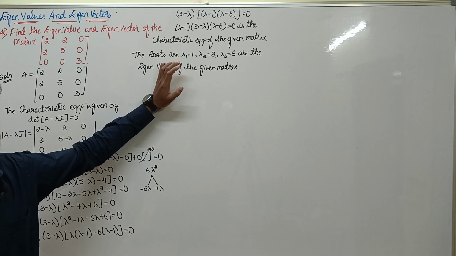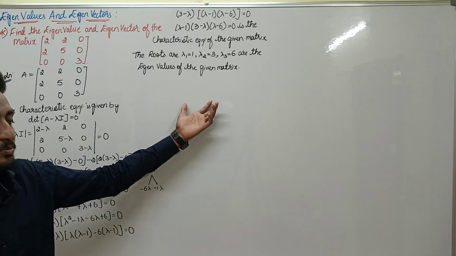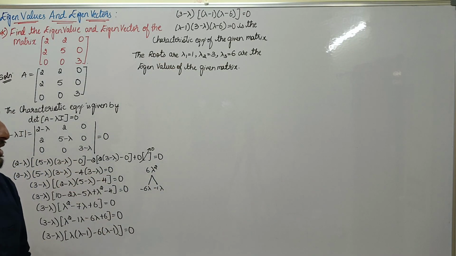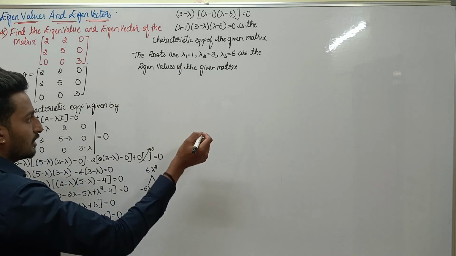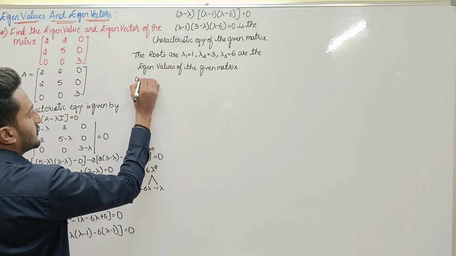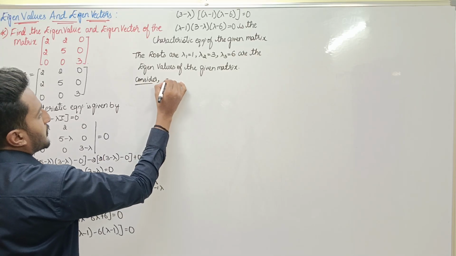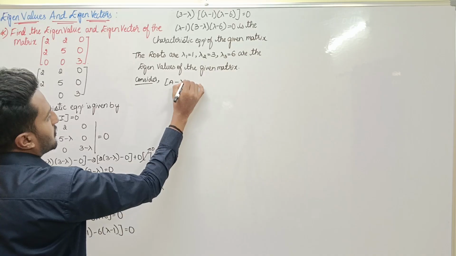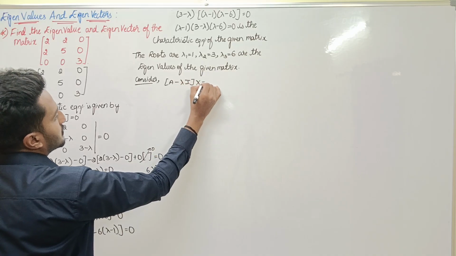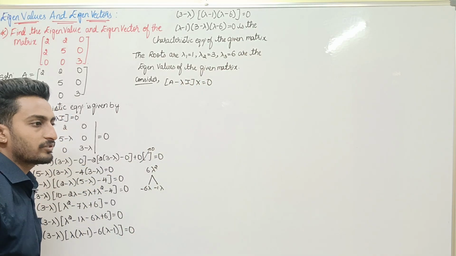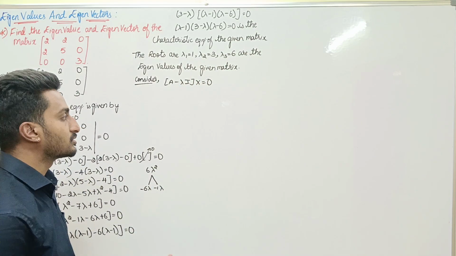Considering these eigenvalues, we are going to find the corresponding eigenvectors. How are we going to find them? Let us see. Before that, let us consider the matrix equation (A minus lambda I) into x equal to 0. What we are going to find in the eigenvector is the unknowns. How?